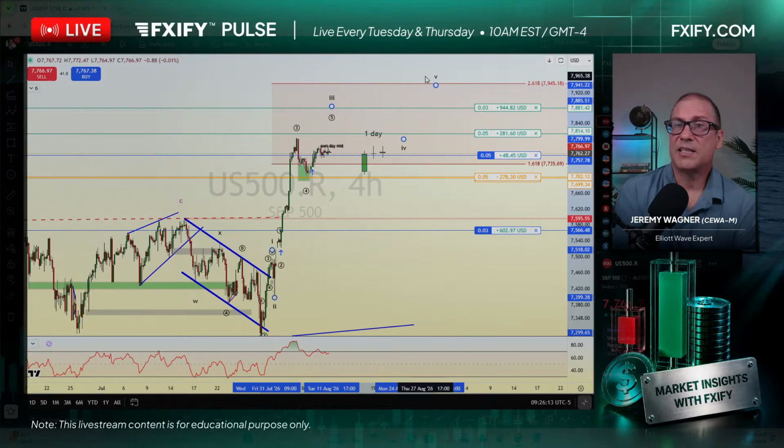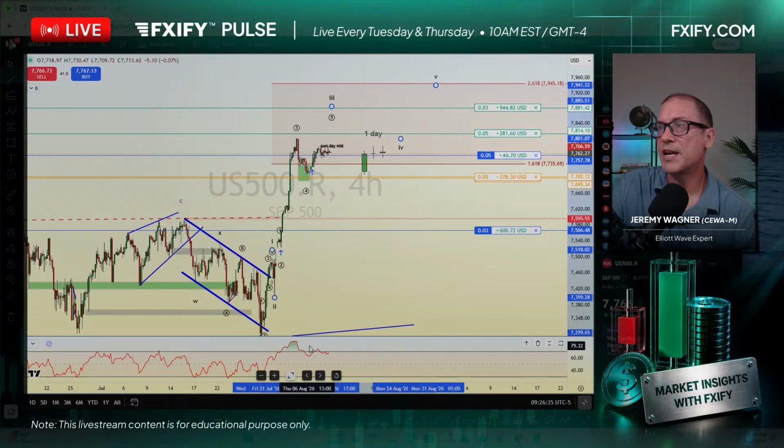Even though that is the case, this wave 4 could be a decent sized correction, to the point that it would be painful to hold through that. So I want to be more or less out of this as we approach up near these highs.